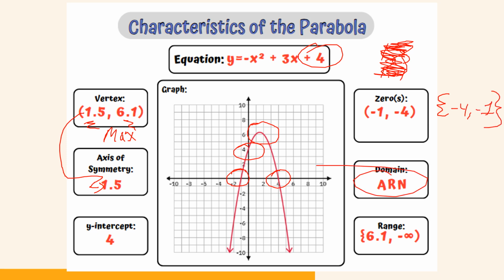Our domain, all real numbers. And our range, well, whatever number I use for my y, because that's my maximum, could be no more than that all the way down. And depending on what you're working on, if you're an engineer, you may have a greater threshold for tolerance, so your application in the real world will let you know if this graph suffices or if we should actually crunch some numbers.